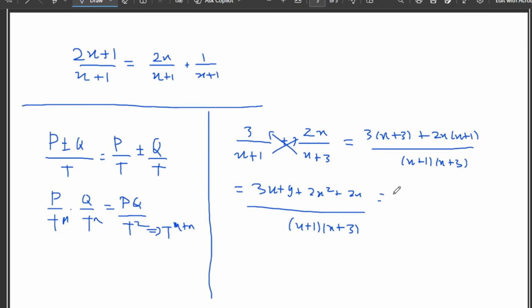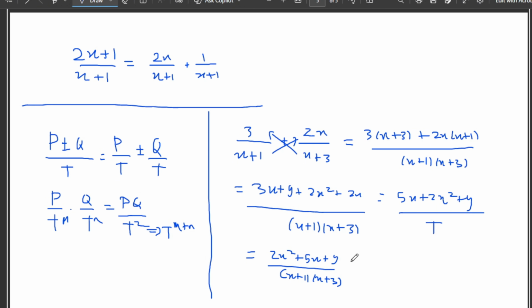So we have 2x squared plus 5x plus 9 over x plus 1 times x plus 3. Since we can't really simplify this, we leave it as this.